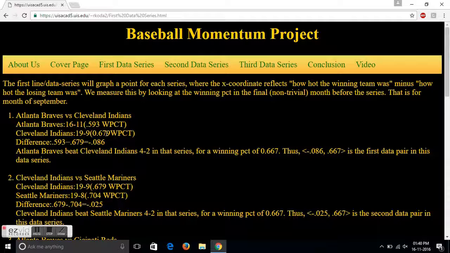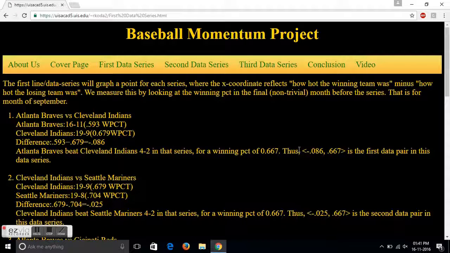This is the winning PCT of Atlanta Braves for the month of September, and for Cleveland Indians it is 0.679. So the difference would be our x coordinate, and as per the y coordinate it would be 0.667, which was the winning PCT of the whole series, as the Atlanta Braves beat Cleveland Indians 4-2 in that series.